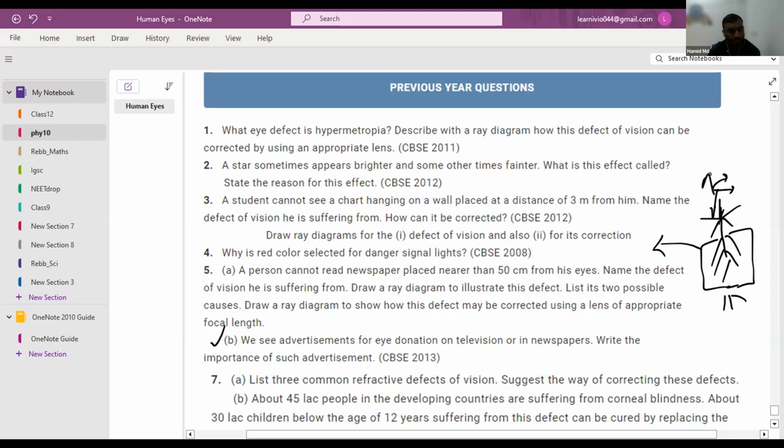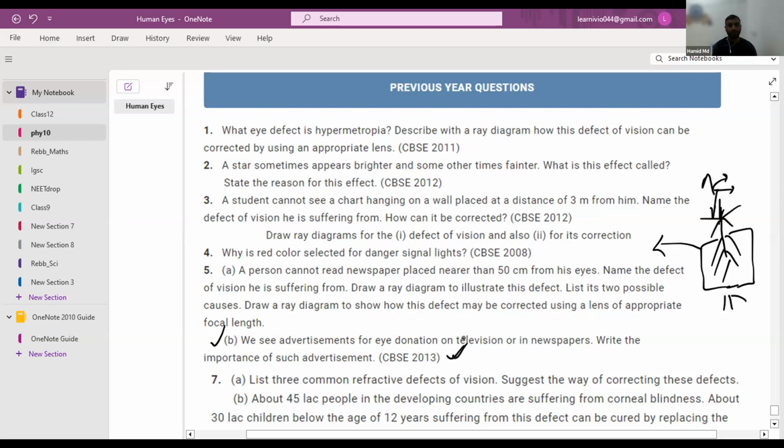Clear? Yes, sir. So what about the advertisements we see for eye donation on television or newspaper? Such types of questions are now the trend in the exams. Importance of such advertisement.